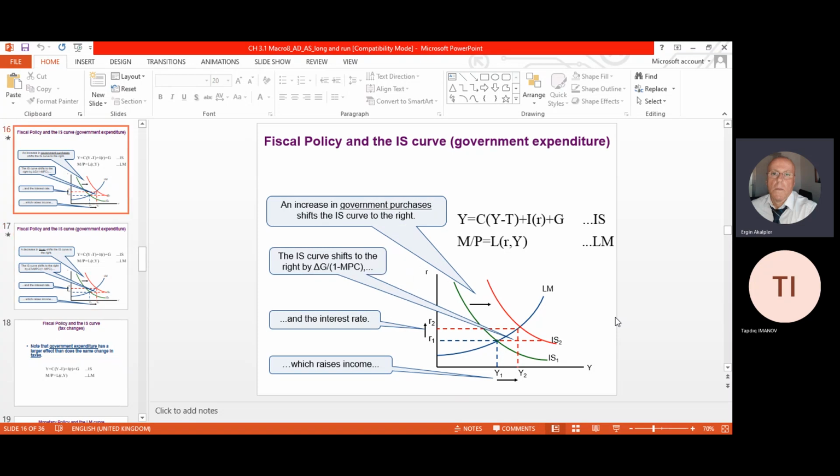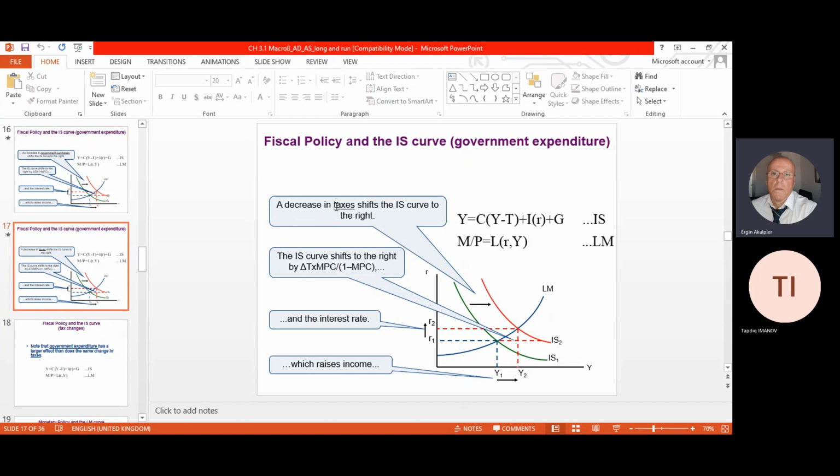Increasing governmental purchasing contributes to output, so Y is increased. In the second graph, you suppose a decrease in the tax rate. This means you will have more money to consume.